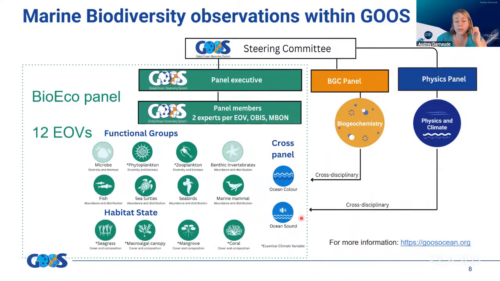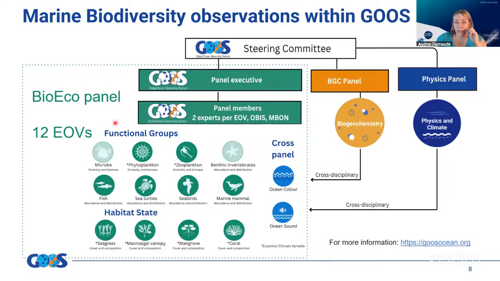So within GOOS, it's the Marine Biology and Ecosystem Panel, or the BioEco panel, that oversees the coordination of the EOVs linked to marine biodiversity, in collaboration with the 2 other panels for the 2 cross-panel EOVs, ocean color and ocean sound.